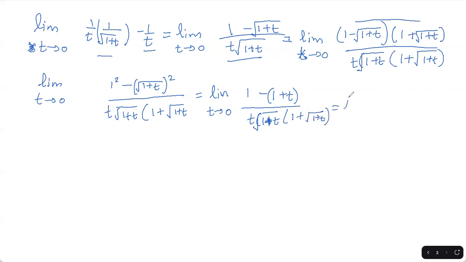So now the limit as t goes to 0: the numerator is 1 minus 1 minus t, because you have a negative sign outside, so negative 1, negative t. So here you have the square root of 1 plus t, 1 plus the square root of 1 plus t.